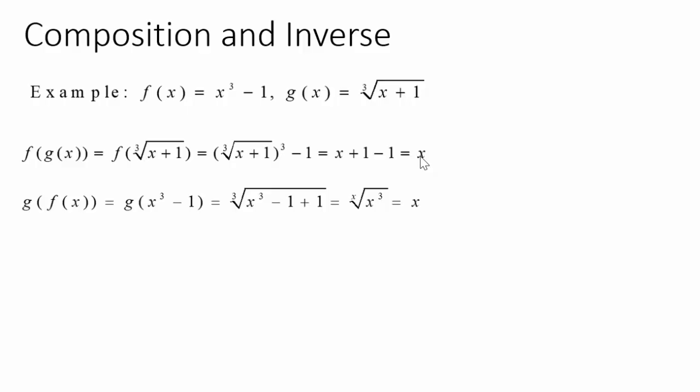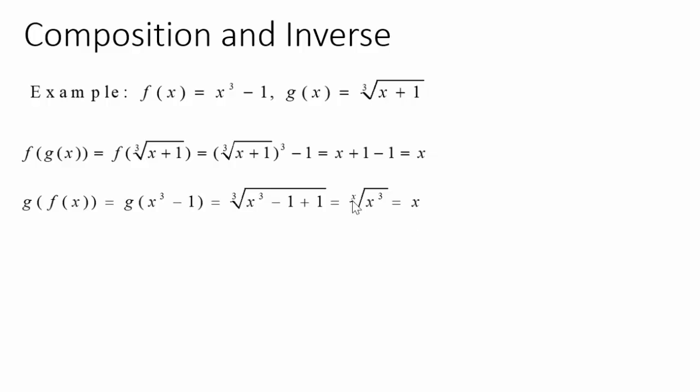The next portion, g of f of x, same way, we put the new input in here, and that gives me cube root of x to the 3 minus 1 plus 1, as you see here. So this x for g of x coming as a new input, x to the 3 minus 1, and that gives you cube root of, so this should be 3 here, cube root of x to the 3, that will make it x again.